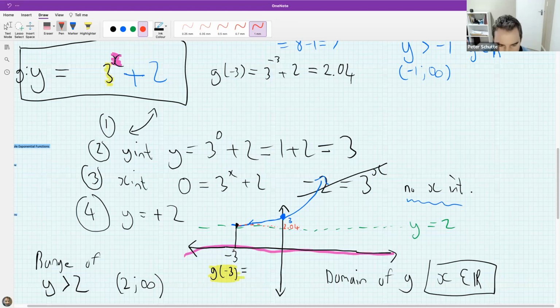But you'll notice that minus 3 is still valid. I can put minus 3 into the function and I get the point minus 3, 2.04. And so it is defined. And that's why there isn't any restriction on the domain. We can just say x is any real number. But when we dealt with the range, the dotted line was like, no, you cannot go below 2.